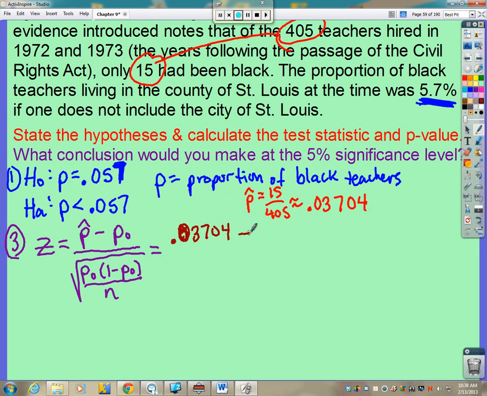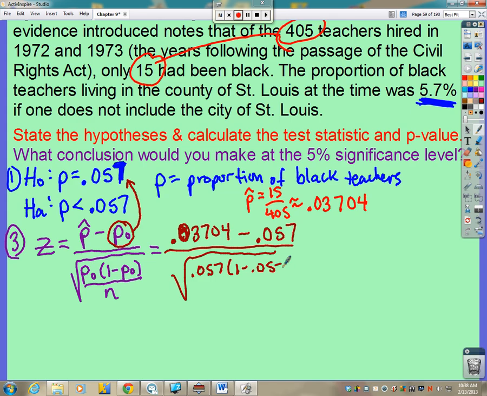0.03704 minus, now remember this value, our parameter, comes from our null hypothesis, our 0.057, divided by the square root of our still 0.057 times 1 minus 0.057, all of that over our sample size, which is our 405.